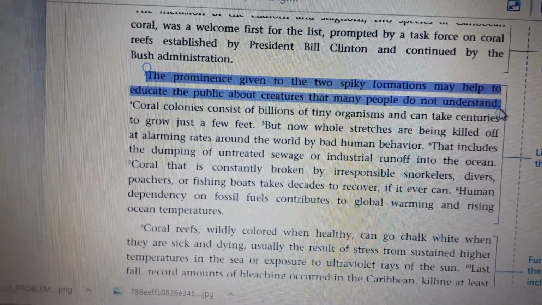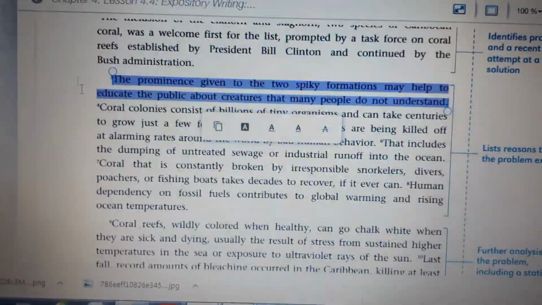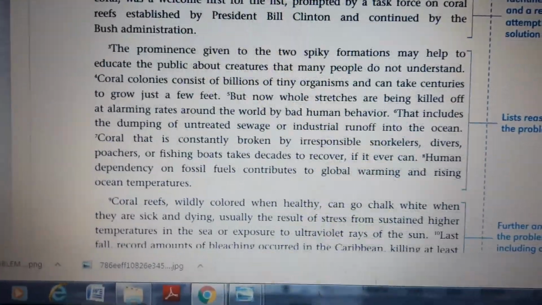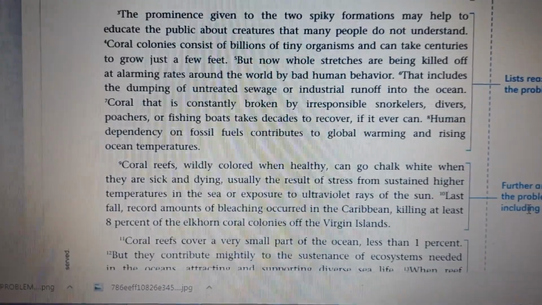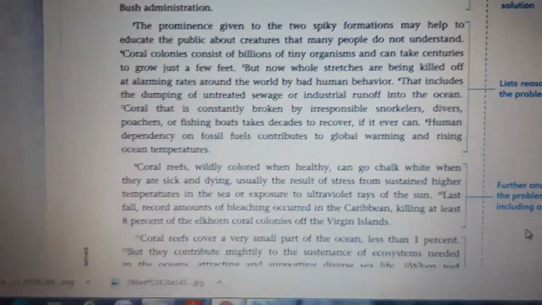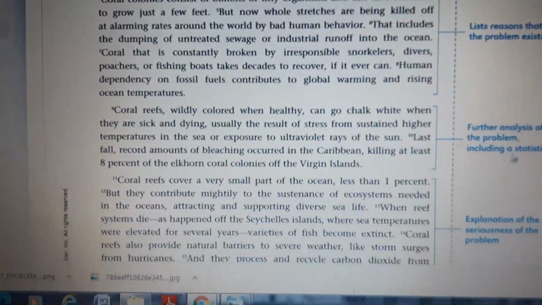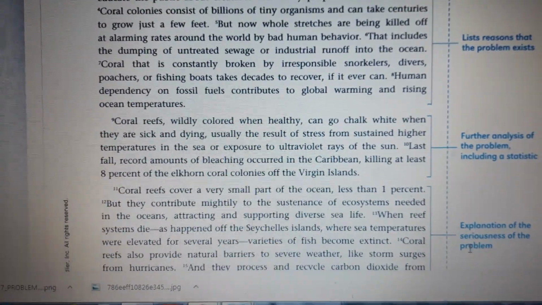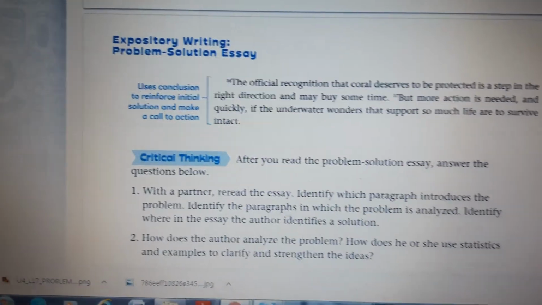Here, an analysis of the problem including a statistic. You can do this explanation of the problem and use a conclusion.